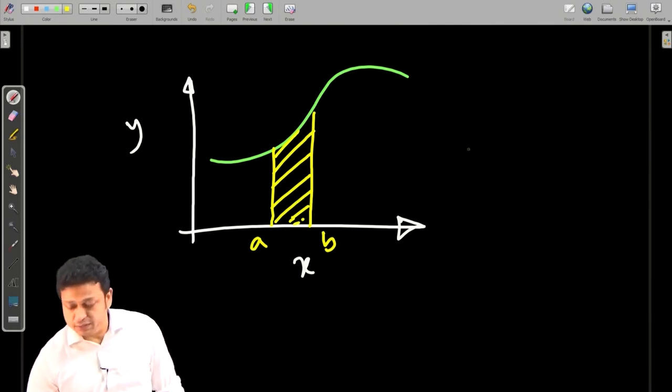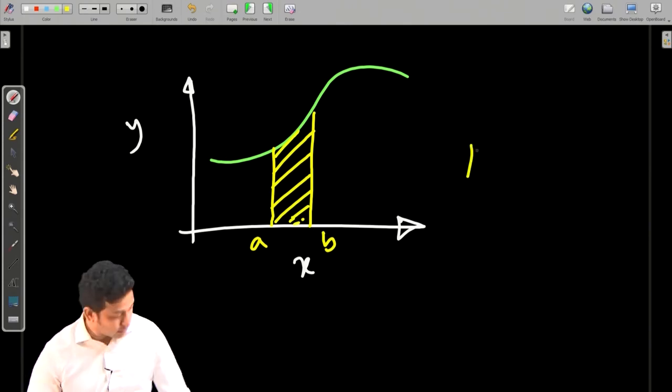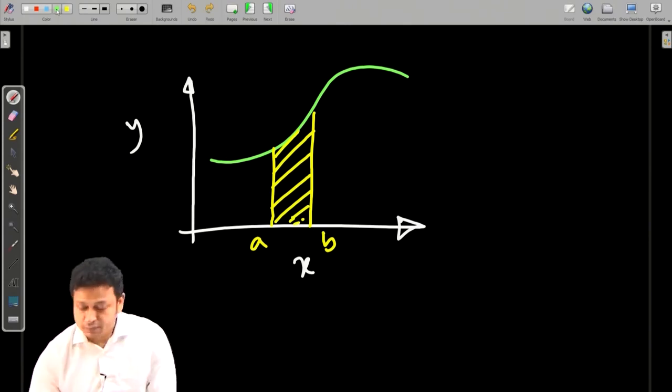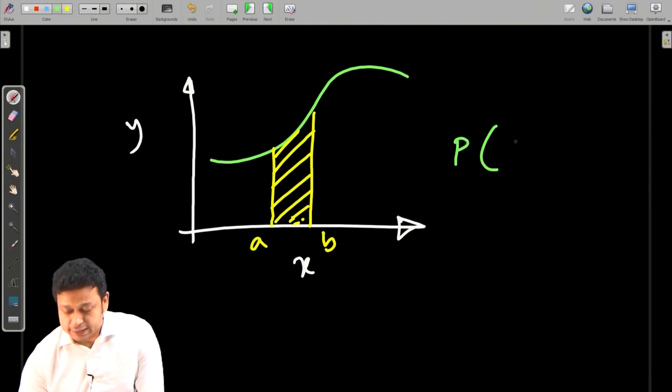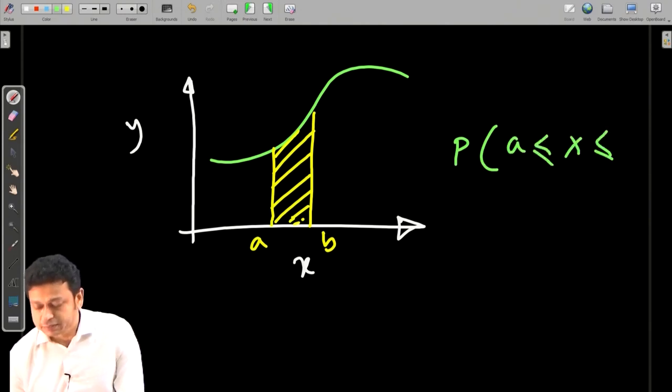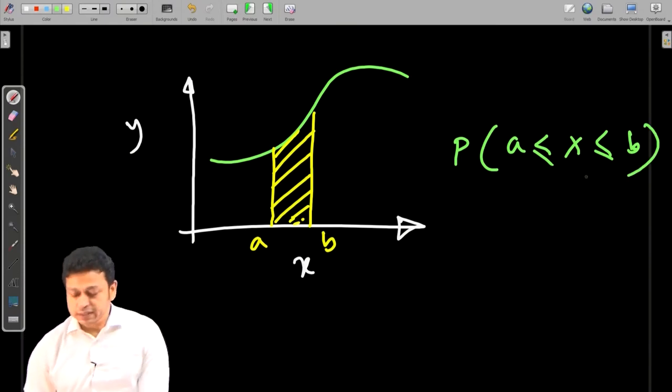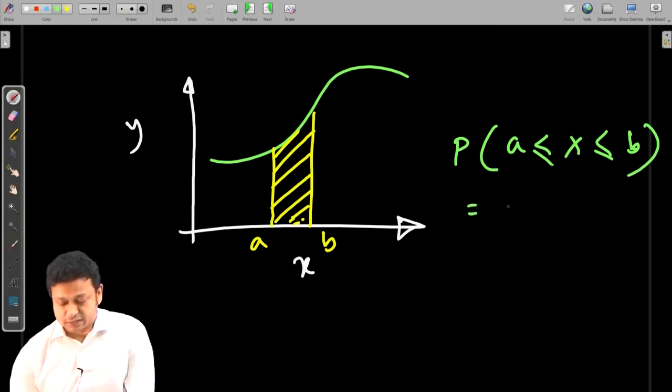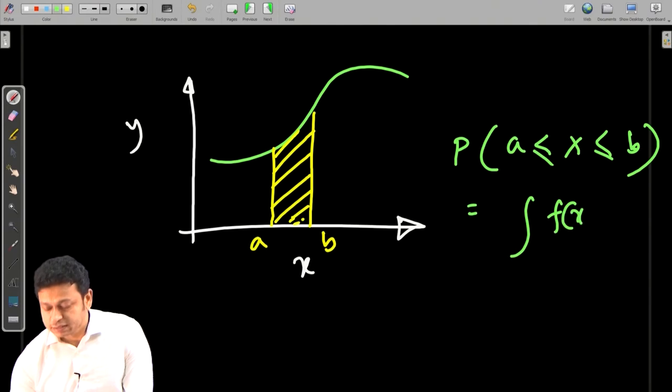So, we can also write down, we have seen this, the probability that x lies between a and b is going to be some function f(x) dx from a to b.